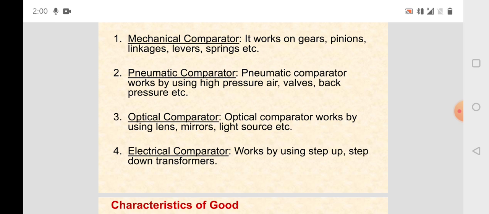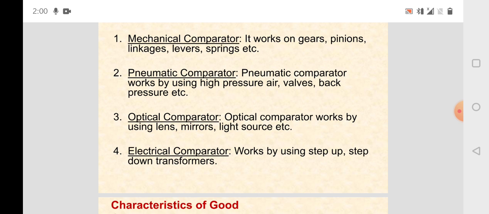Then there is the electrical comparator, where we can have step down transformers with the help of which we can get the readings. But it requires an electric source or AC source, so that's why it has certain limitations.